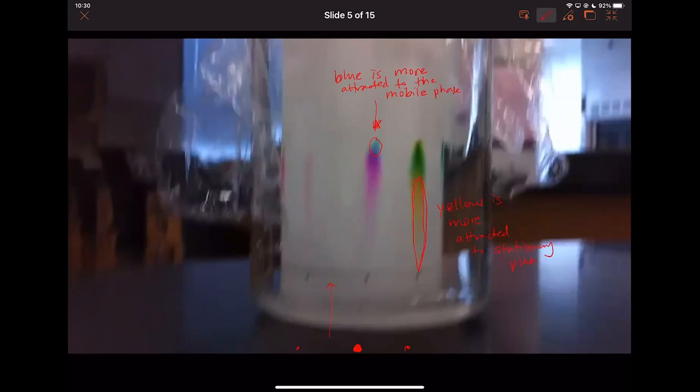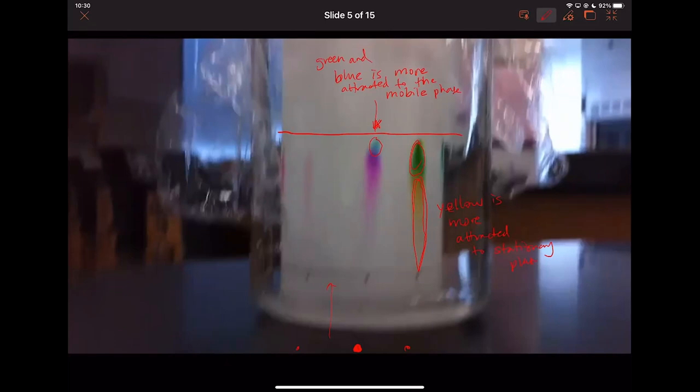So you can see that it doesn't just move as a little dot, it moves and kind of spreads out. It's like kind of thinking, I'm gonna move, but I'm gonna stay back a little bit. And so here's an example of green. So green also is attracted to the mobile phase and it's moving with the front of it, okay? It's moving with the water and this is the level of the water right there. Okay, how do you guys feel about that?